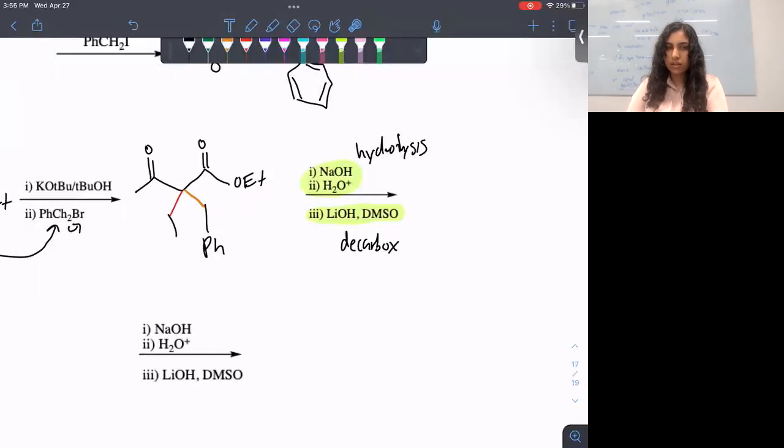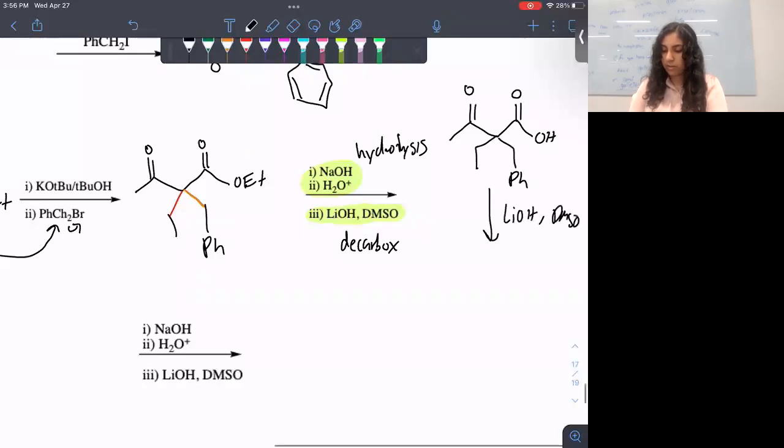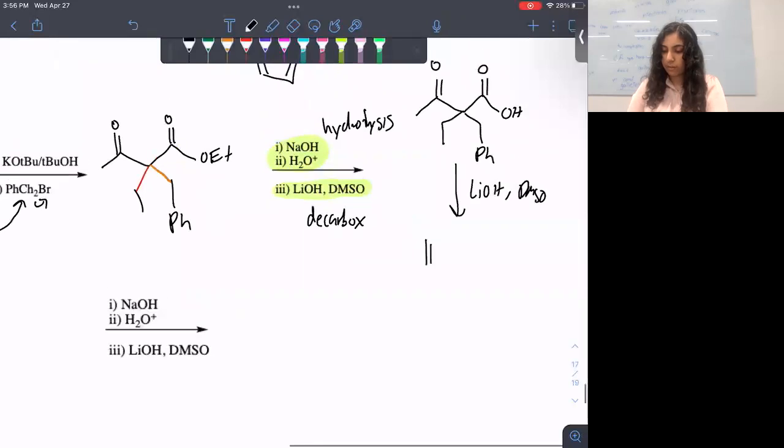Then with the reagents down here, it's decarboxylation, so we cut off the carboxylic acid that we just made. After the top reagents, we get this molecule. And then if we react it with the lithium hydroxide and DMSO, we get our final product, the substituted ketone.